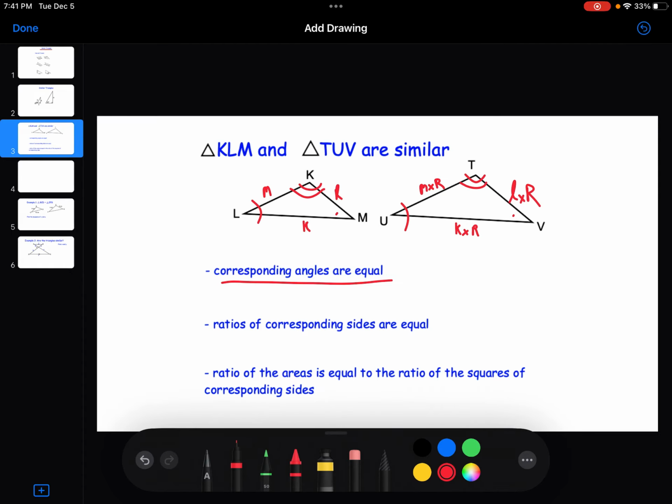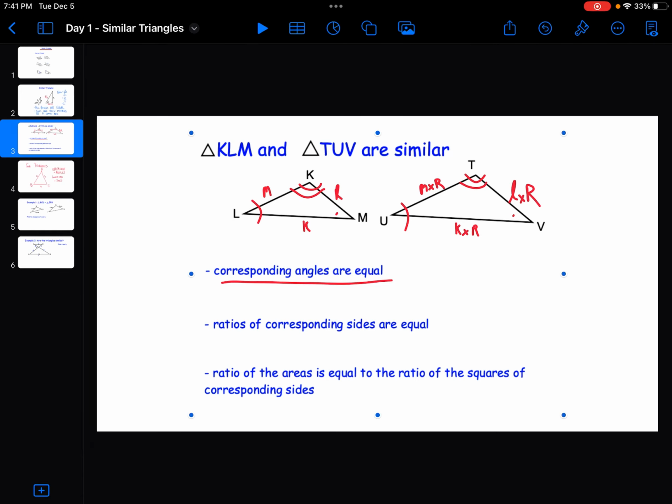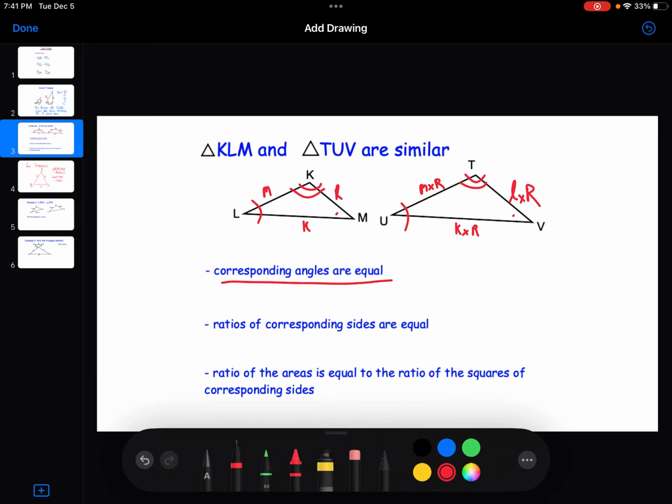And then the ratio of the areas is equal to the ratio of the squares of the corresponding sides. So when we're looking at the ratio of the areas, we're talking about triangle TUV over triangle KLM is equal to the ratio of the squares of the corresponding sides.